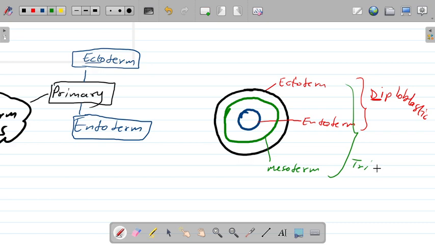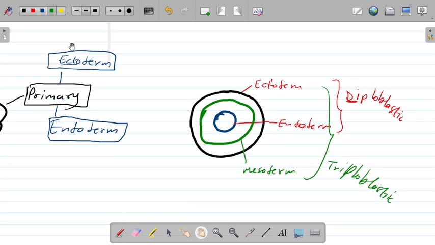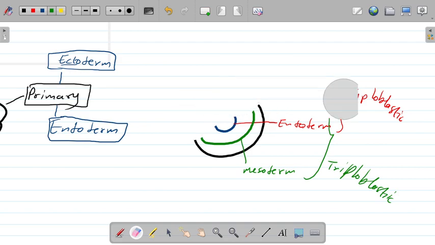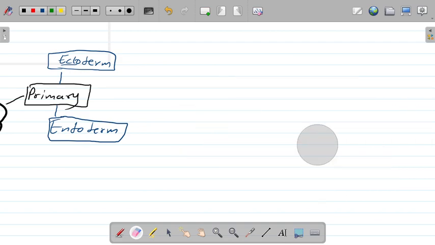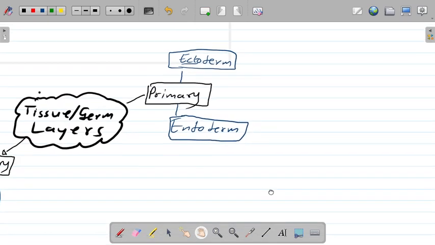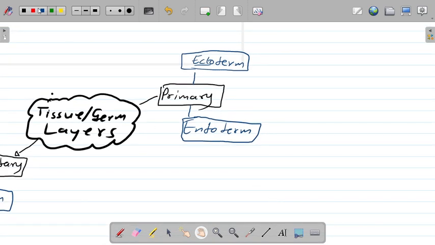Triploblastic organisms, right? Good. So basically, this is what we're going to be looking at: your ectoderm, mesoderm, and endoderm, right?